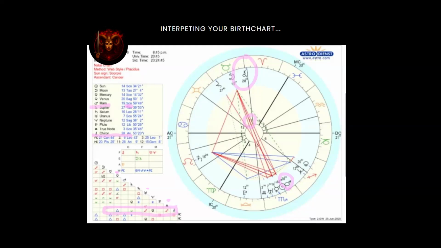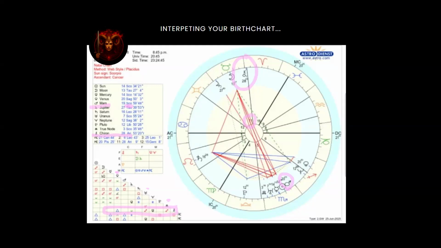That's the only flaw, I would say, in the basic one that we're running here. If your true node or north node is opposite your Chiron, it means that your south node is right next to your Chiron, conjunct to your Chiron.